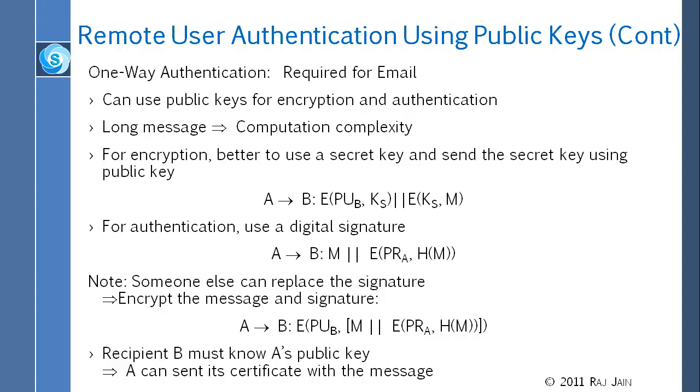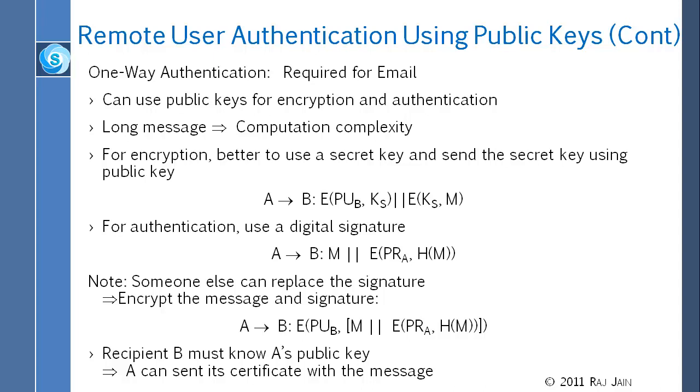Because the message is long, we don't use the public key for message encryption. We encrypt the message with a secret key, any random secret key I can select, but I send that key to you along with the message. That key is encrypted using public and private keys.